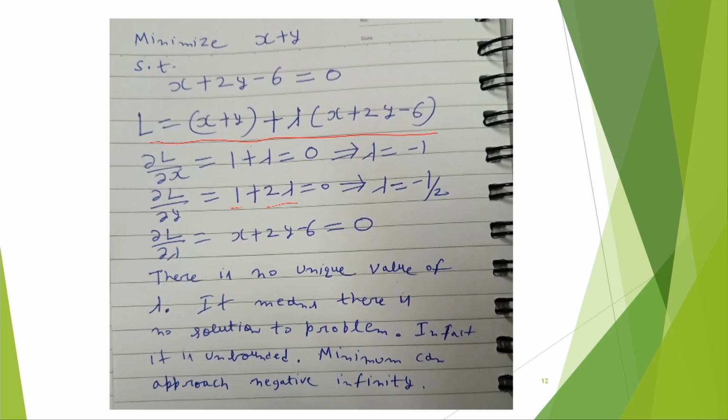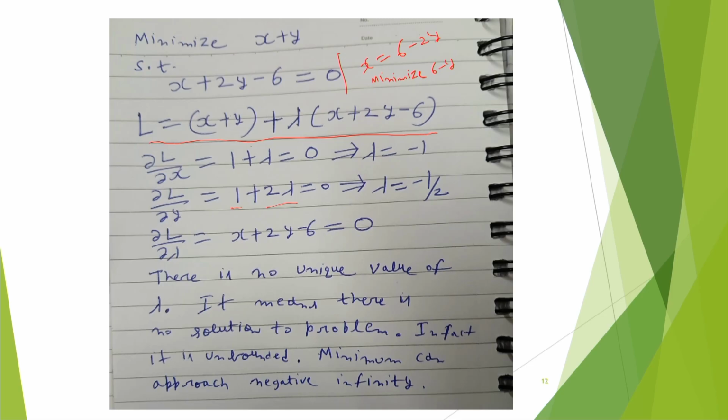Or I can say x is equal to 6 minus 2y, and then if I put that value in the objective function, minimize x plus y becomes 6 minus 2y plus y, so minimize 6 minus y.